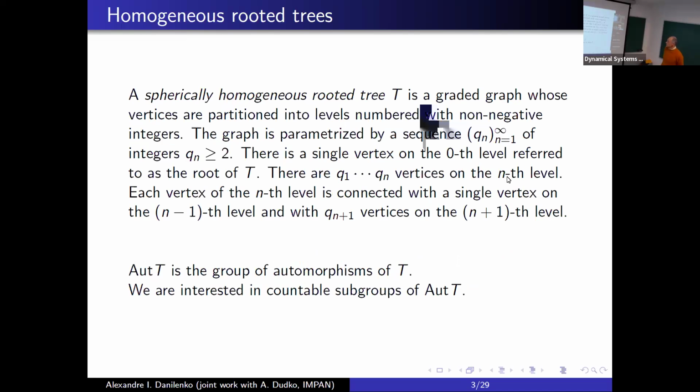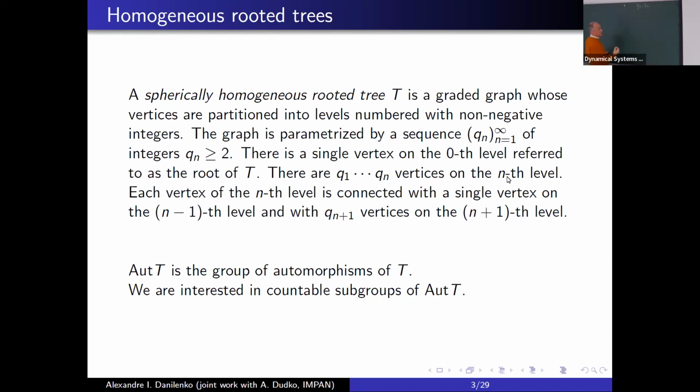So we'll consider only spherically homogeneous rooted trees. There is a graph, probably one of the simplest infinite graphs. So we have one root, and we have a sequence q1, q2, and so on.